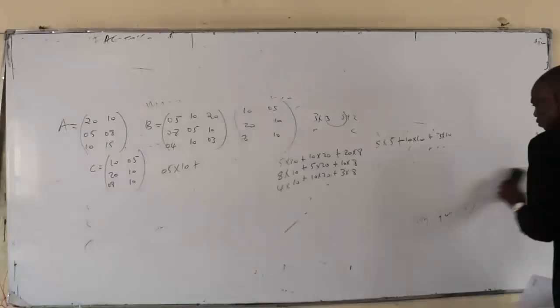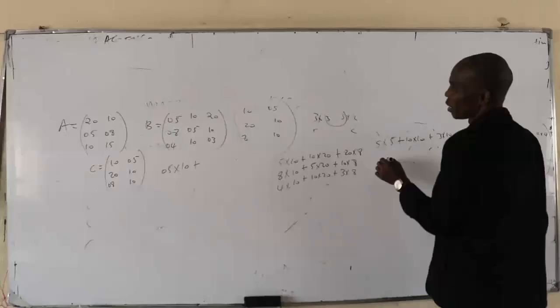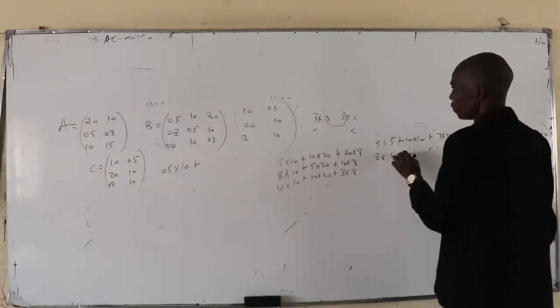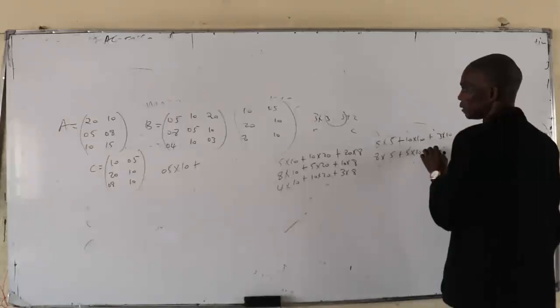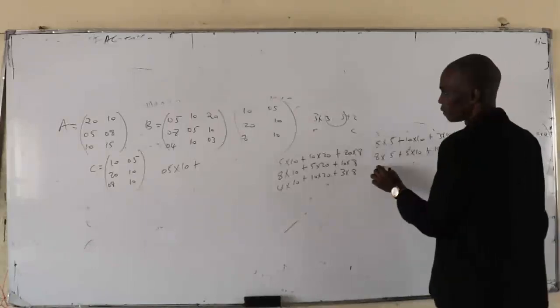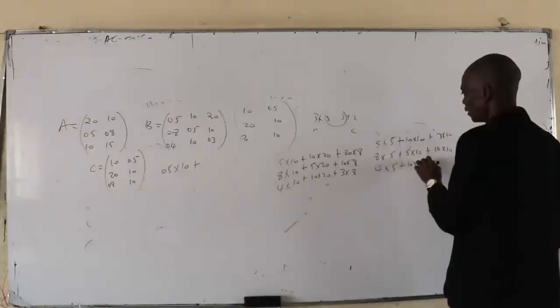So that's that. Then we have 8 times 5 plus 5 times 10 plus 10 times 10. Then the other one is 4 times 5 plus 10 times 10 plus 3 times 10.